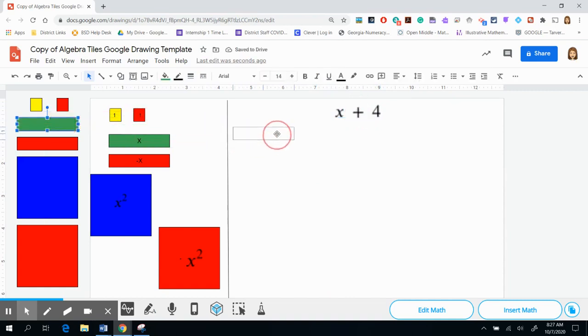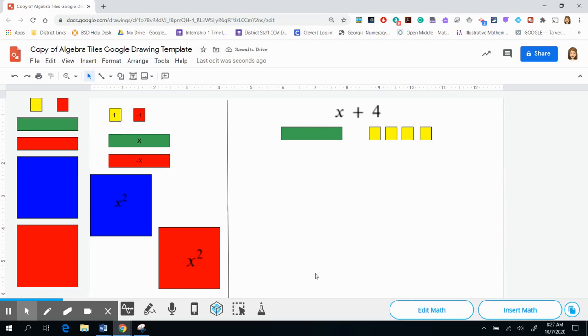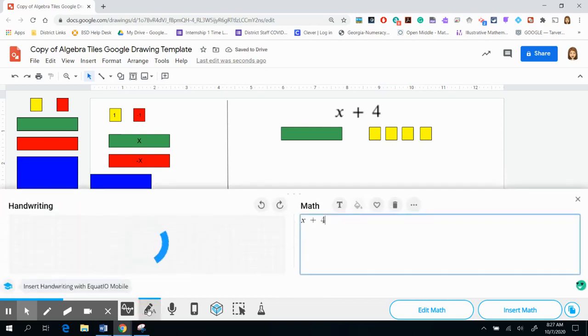One group of x plus 4 groups of 1. 1, 2, 3, 4. All right. Now we're going to build 2x plus 4.